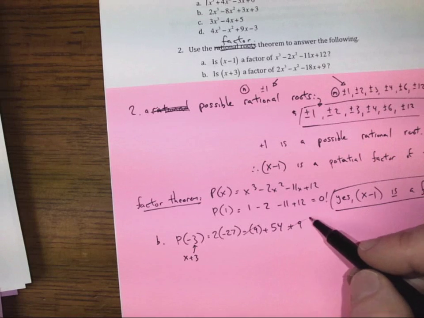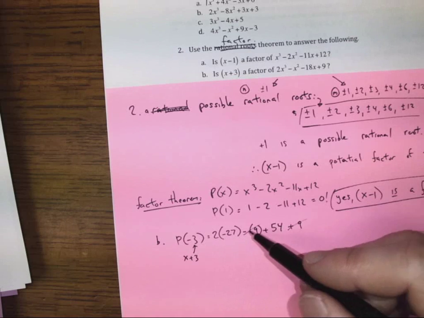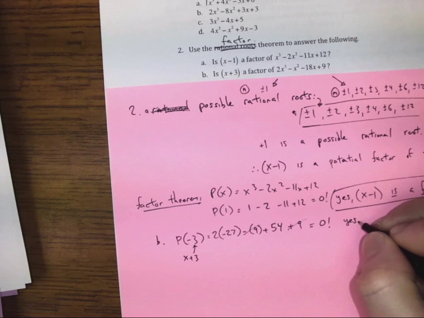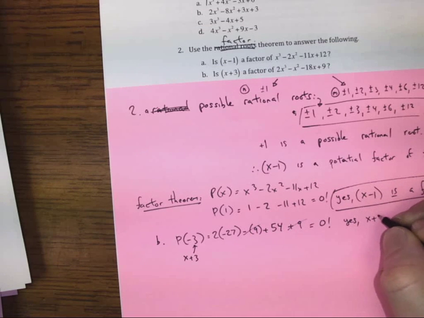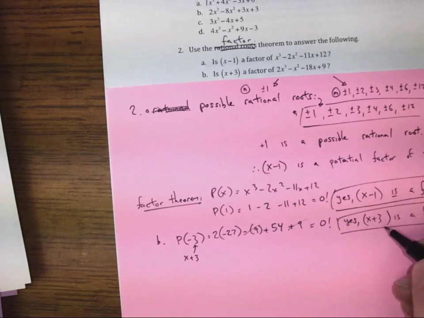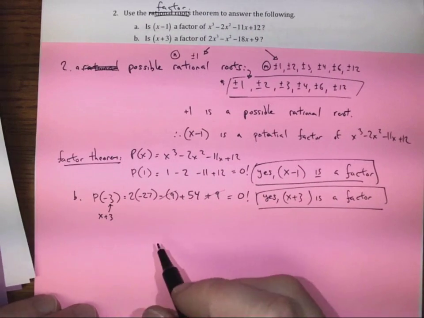The negative 9 and the positive 9 cancel out, so we get negative 54 plus 54, which equals 0. So yes, x plus 3 is a factor. Moving on.